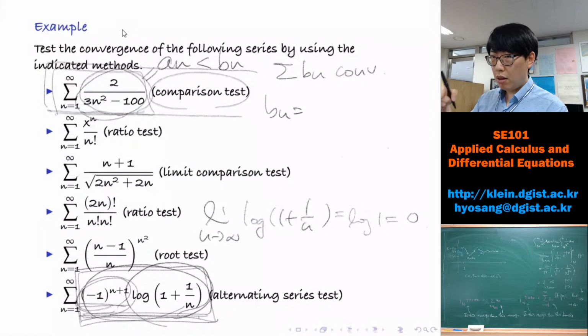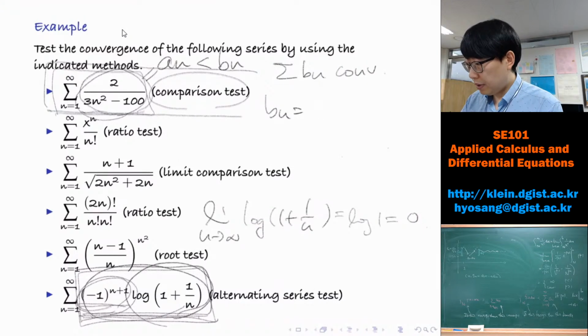I have to make a smaller denominator. However, if I just simply remove minus 100 and choose 2 over 3n squared, then this is not the right Bn satisfying this inequality, because the denominator got bigger. So actually Bn is less than an. So I cannot choose this Bn as 2 over 3n squared.